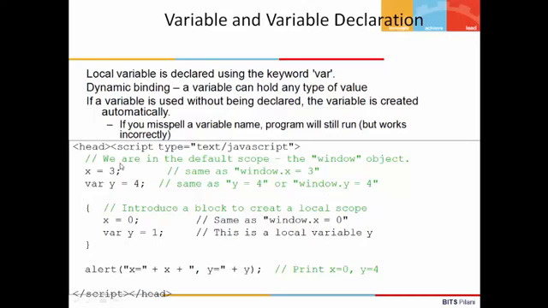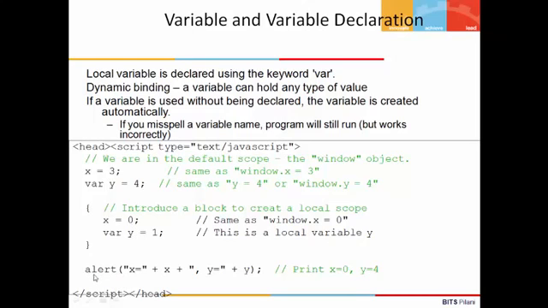So basically this would act as a global compared to the ones defined within these braces, where x is equal to 0. When I say x is equal to 0, it's not going to create a new identifier, but it's going to refer back to the previous one which was described, x is equal to 3. But when you say var y is equal to 1, this will make it a local variable over here.